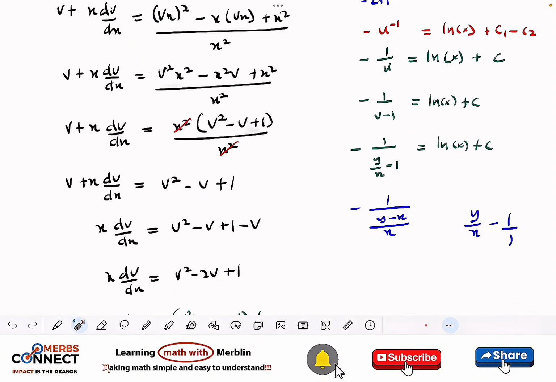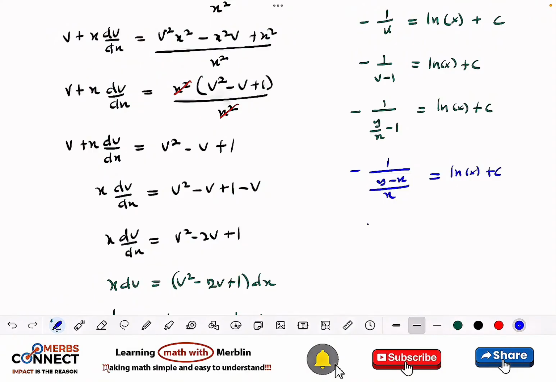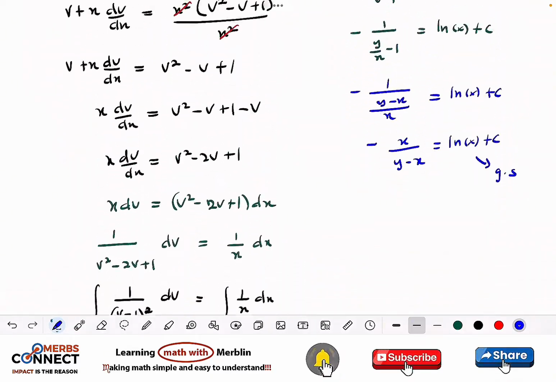So we go this first, this second, and this third. Then this is going to be ln of x plus c, and this is going to give us minus x divided by y minus x, because the 1 here is going to reciprocate itself. And this is what we are going to get. This is our general solution. Good. So this is our general solution.